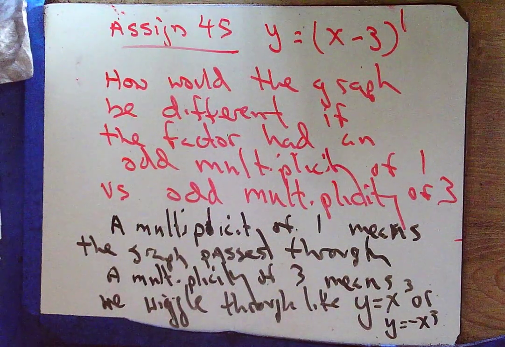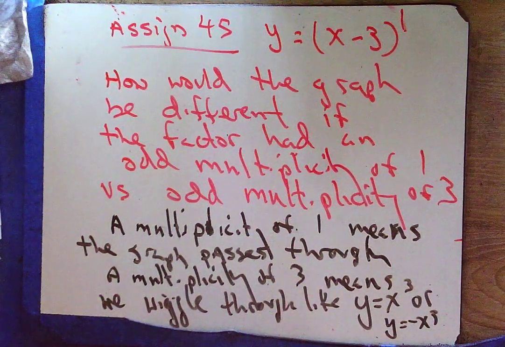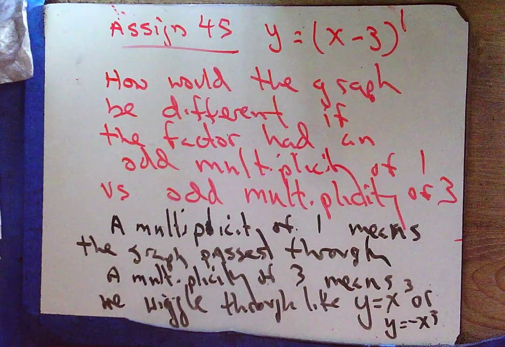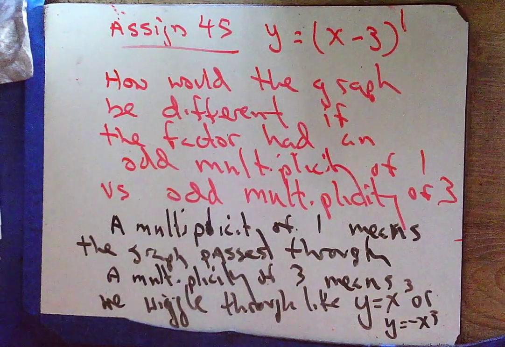Okay, so even multiplicity is a bounce, and odd multiplicity is a wiggle.